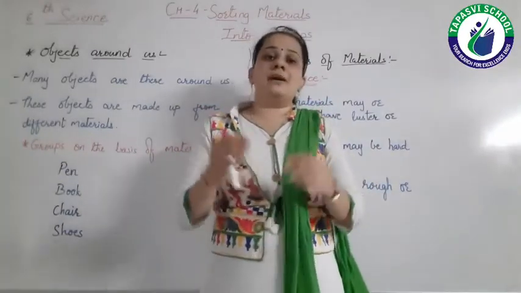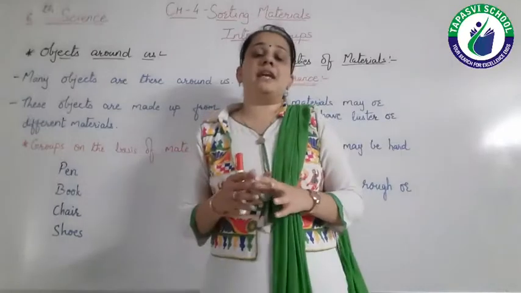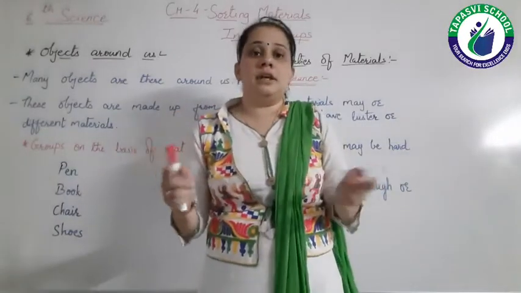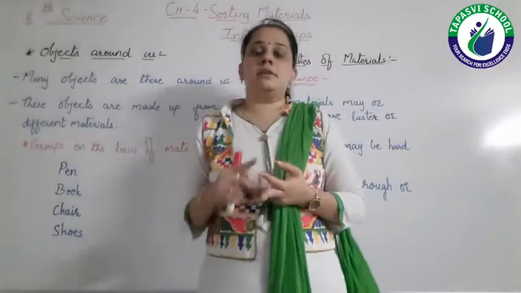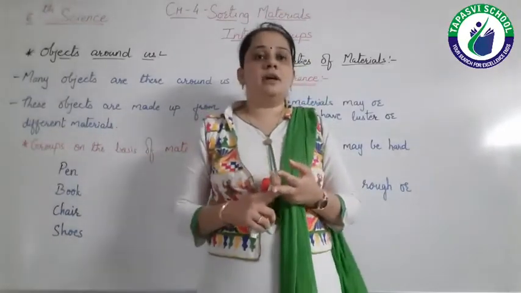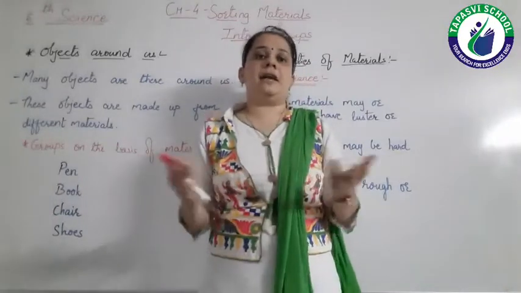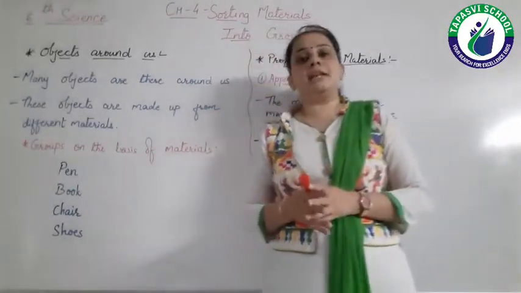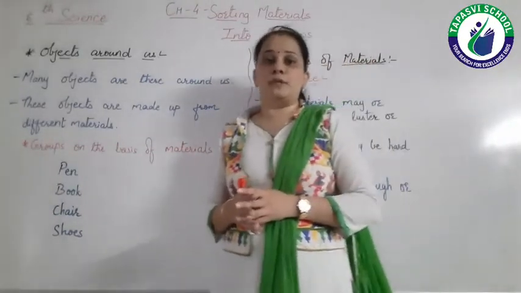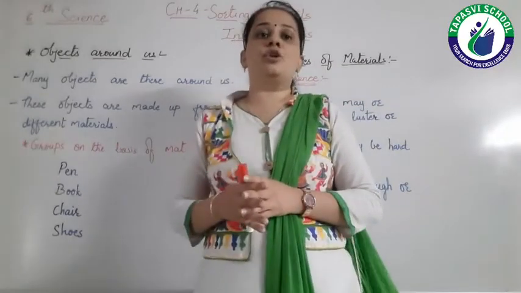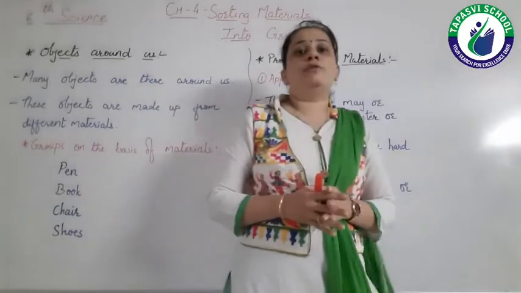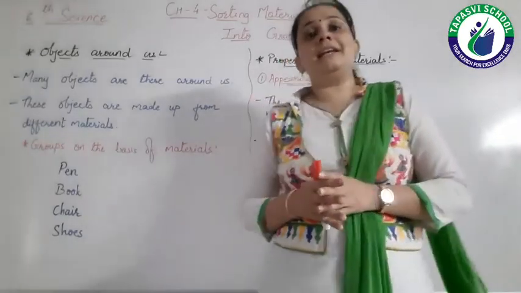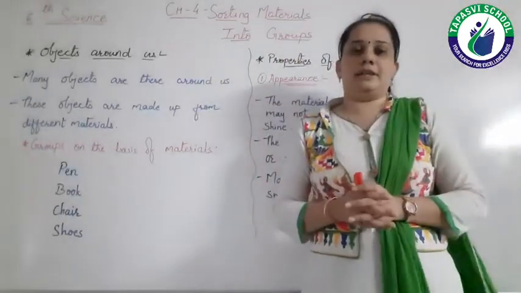Then for example, the things which we can find in stationery: pencil, eraser, sharpener, colors, pens, stapler, markers, ink, etc. So all these things have their different groups, and we have to make groups to study them easily and to get them easily from all other things, right?